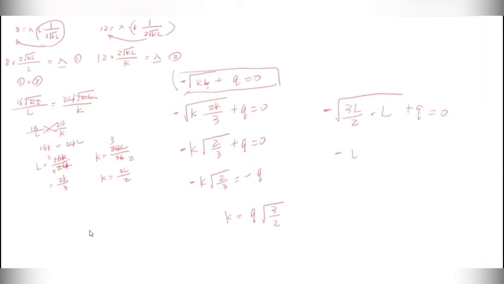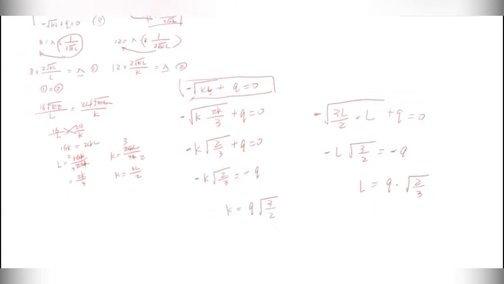So negative L times square root of 3 over 2 equals negative Q. So L equals Q times square root of 2 over 3.